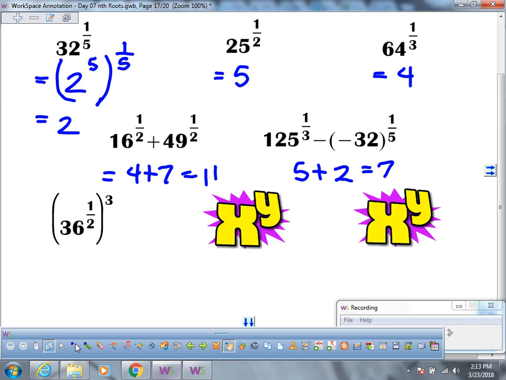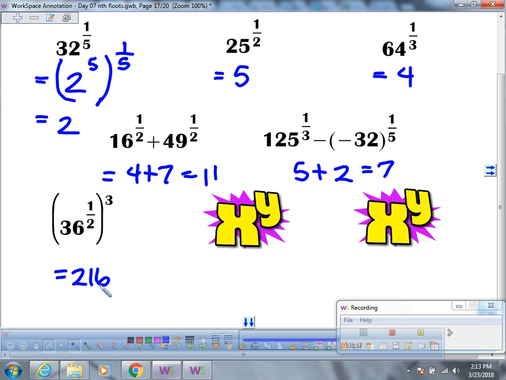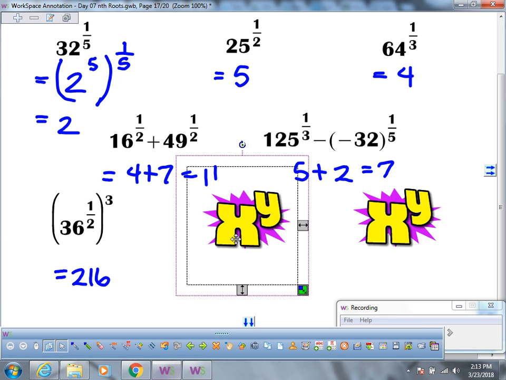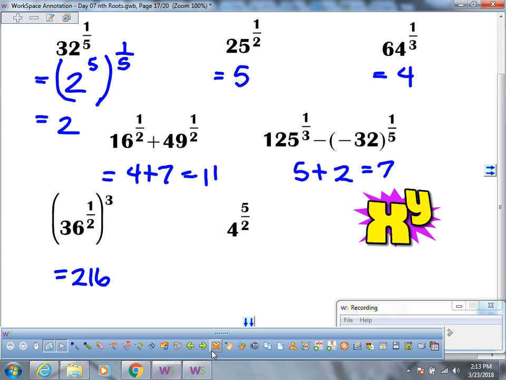So this one is 216. 36 to the 1/2 is 6, and 6 cubed is 216. Matthew. I'm just enjoying you. Right? What's going on today?